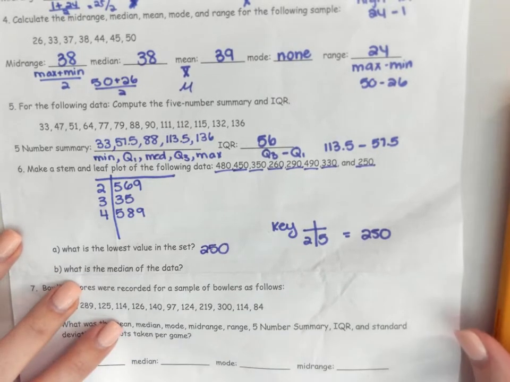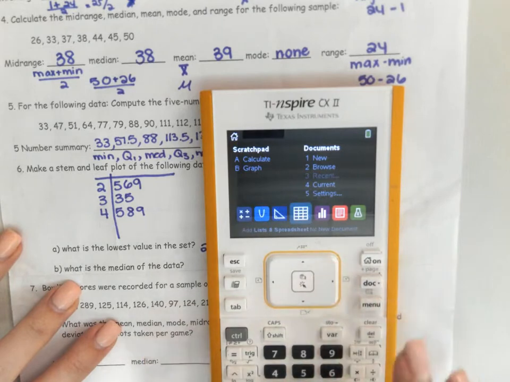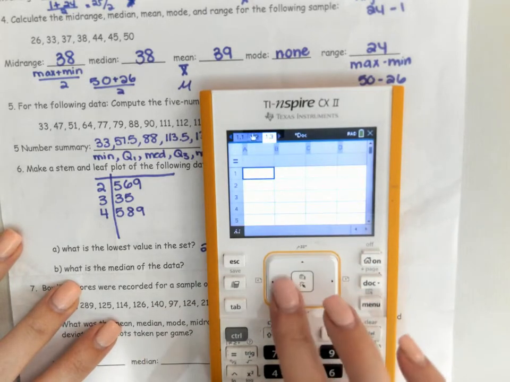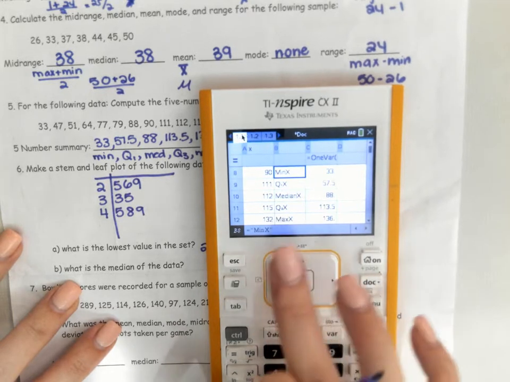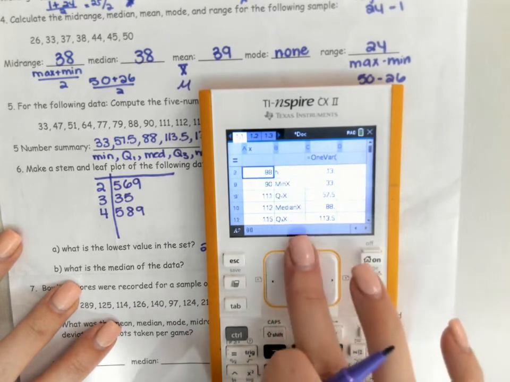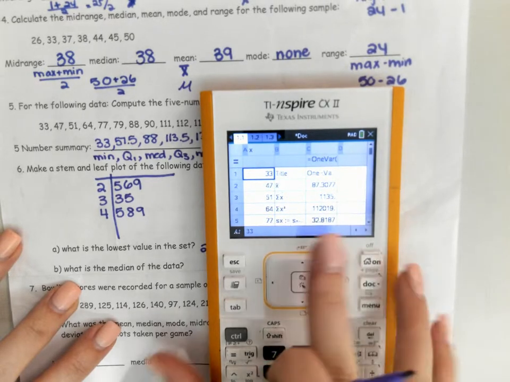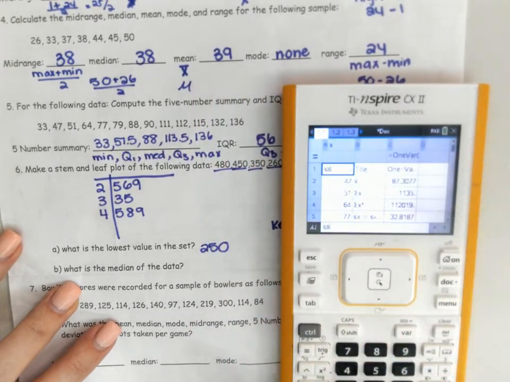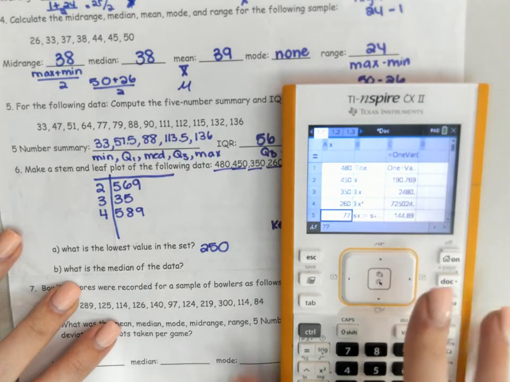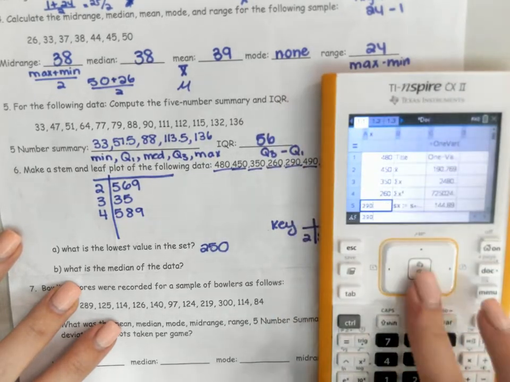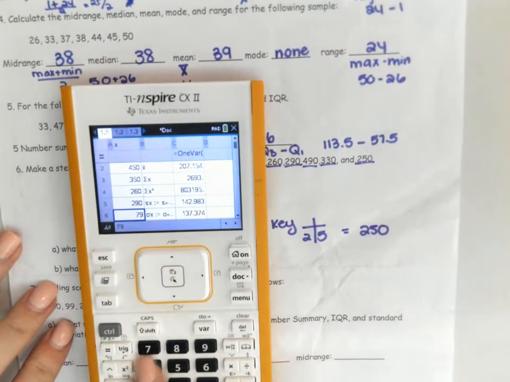And then it wants the median for the data. So you could type them into your calculator. I don't want to open up a new table because I've already calculated it over here. So I'm just going to go and change my data points. So we've got 480, 450, 350, 260, 290, 490, 330, and 250.